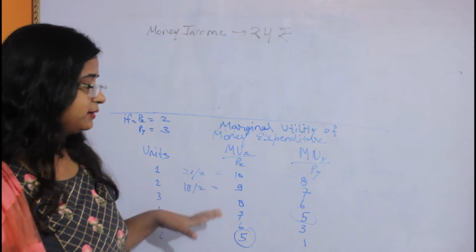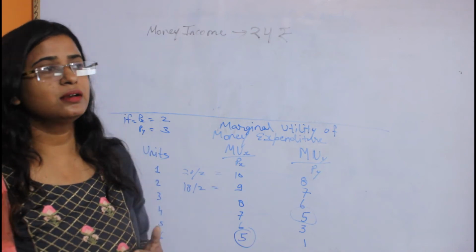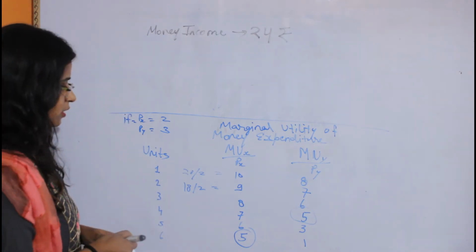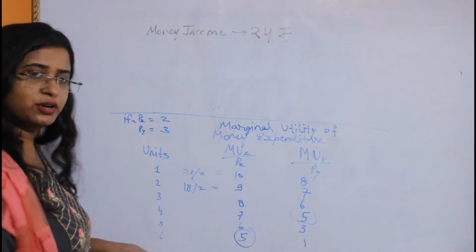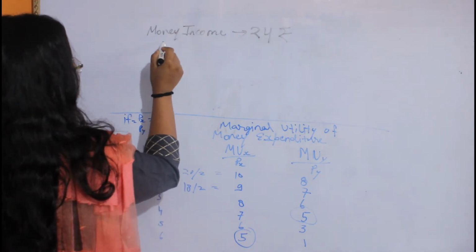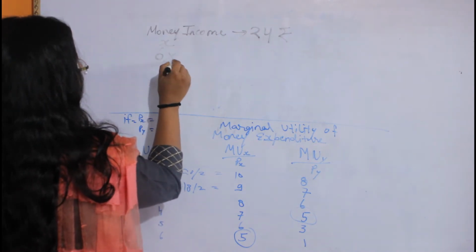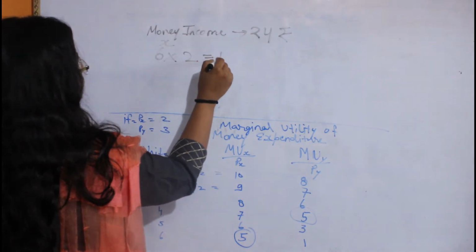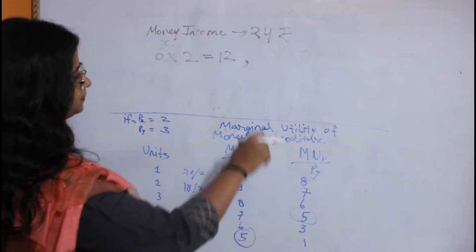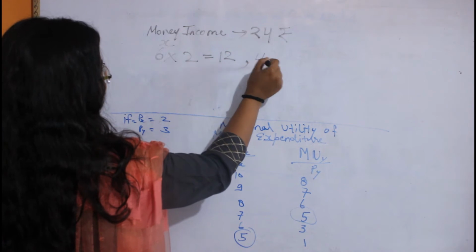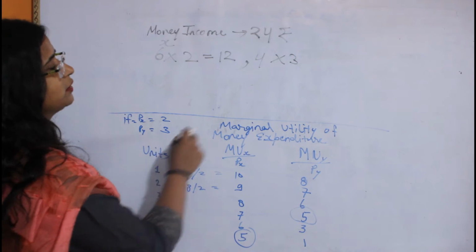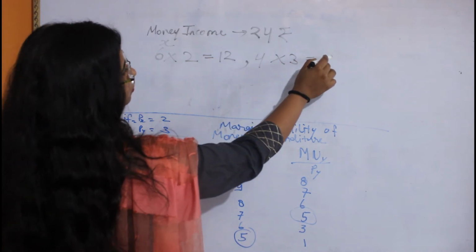Because at this combination he will have spent all his total income. 6 units of X multiplied by rupees 2 will be 12, and 4 units of Y multiplied by rupees 3 will be equal to 12.